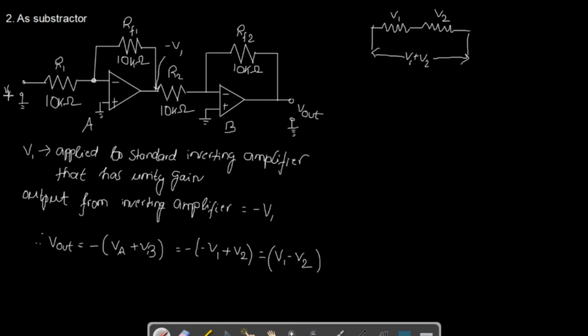That is what is happening here. We're going to find out V out, and that's why we are adding up the voltages. But the voltage from the first part is minus V1, the voltage from the second part is V2, and because it's an inverting terminal, I put a minus sign here. So now if I do my calculations correctly, I should get V1 minus V2. And this is why it is called a subtractor.